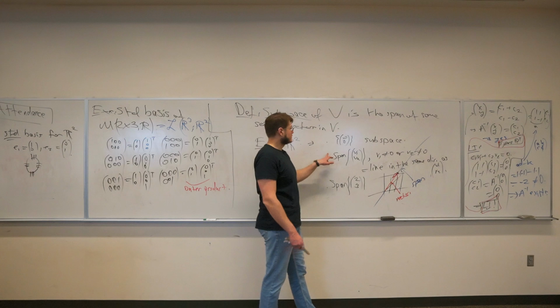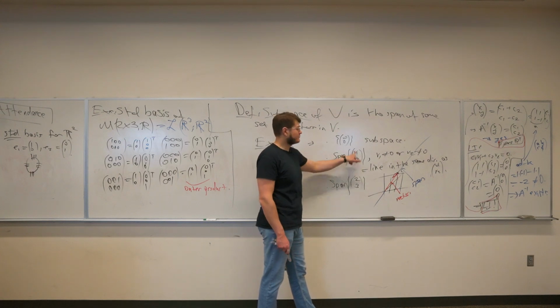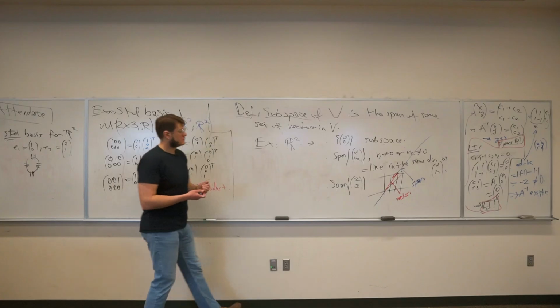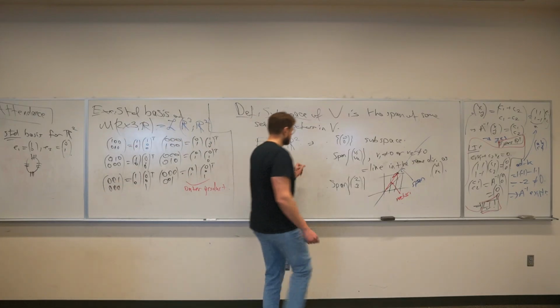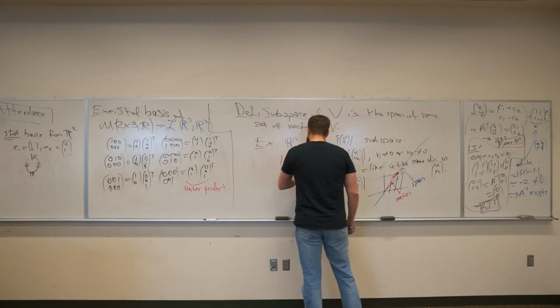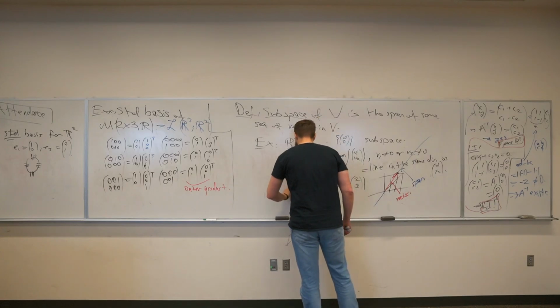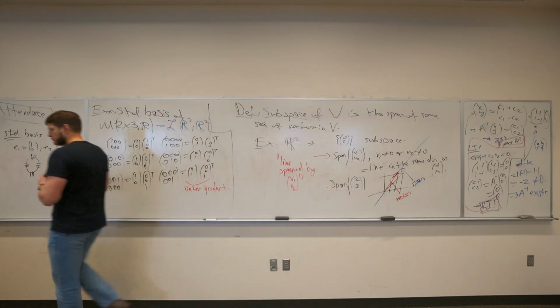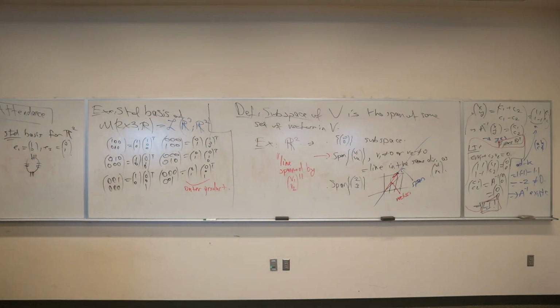I would say this is the line spanned by v1, v2, because I know that this is going to be one-dimensional. Any other comments or questions?